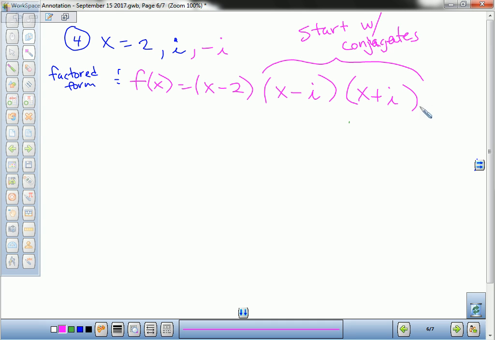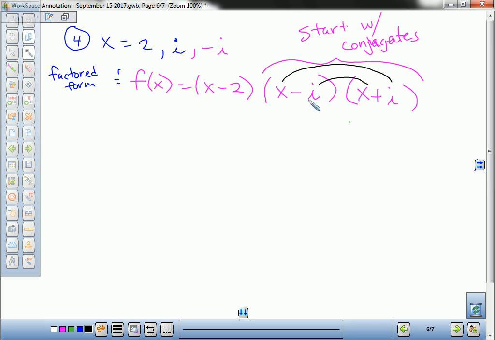So if we multiply these opposites here, every single time we do this, what happens to the outer plus the inner? Because they're opposites, they cancel.